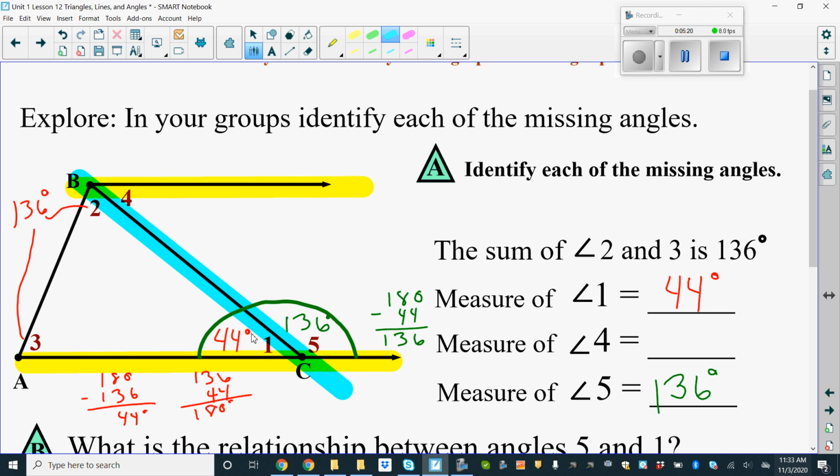They are both inside the parallel lines and across the transversal, and we know that they are going to be equal to one another because they're alternate interior angles. So if angle 1 is 44 degrees, angle 4 is 44 degrees. We have now found angle 1, angle 4, and angle 5.